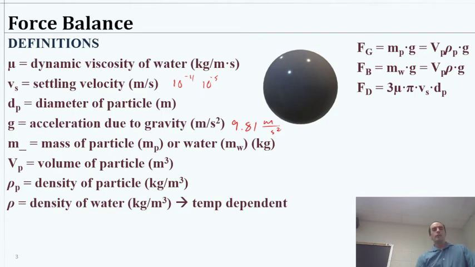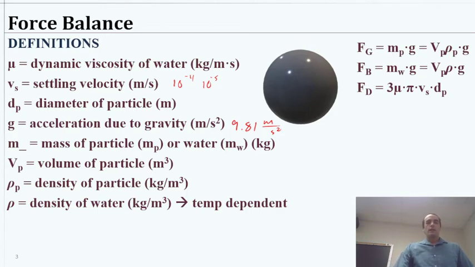We've got the mass of either the water displaced or the particle here. That'll be kilograms. We have the volume of the particle in cubic meters. So again, this volume term is going to be very, very few cubic meters for one of these tiny little particles, but we're going to keep it in meters.